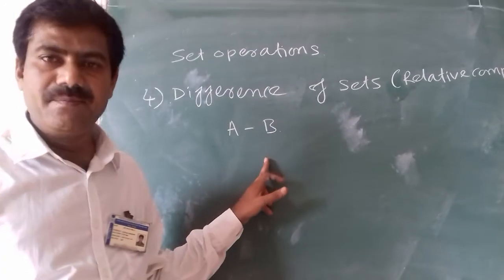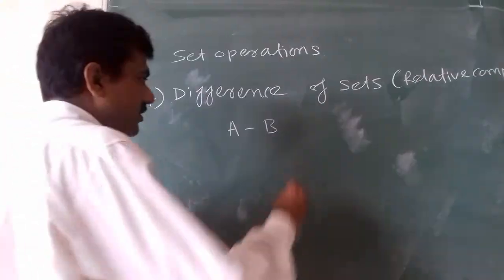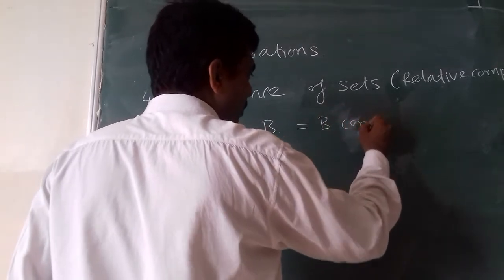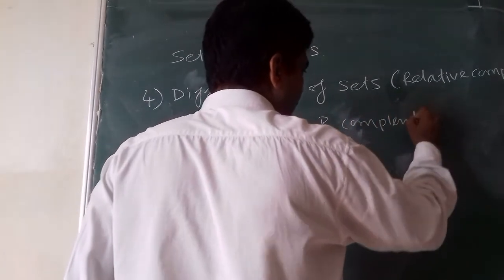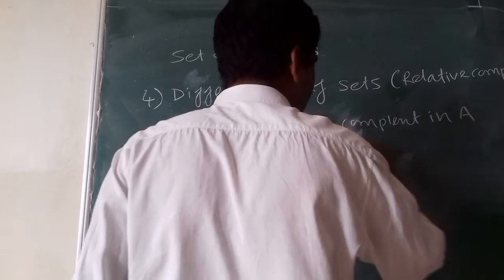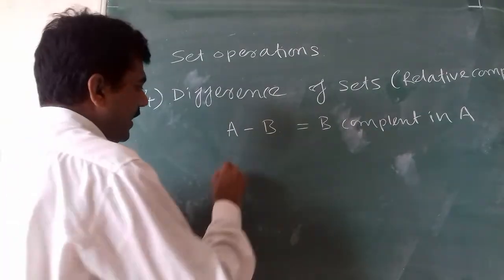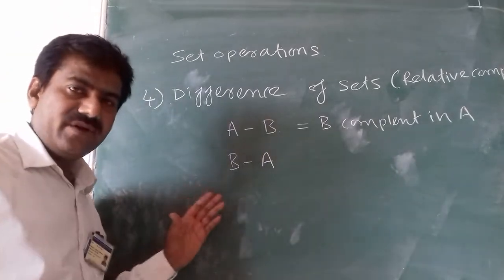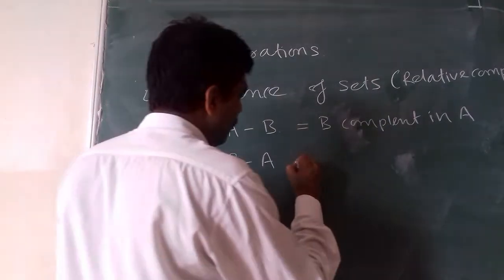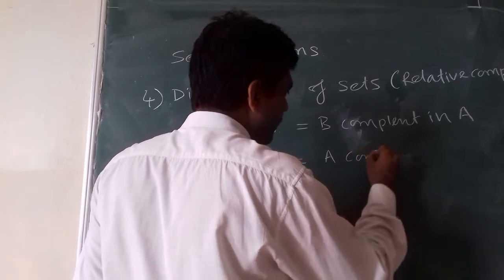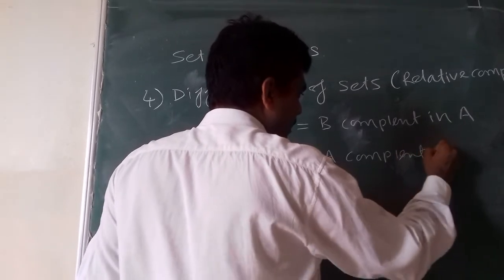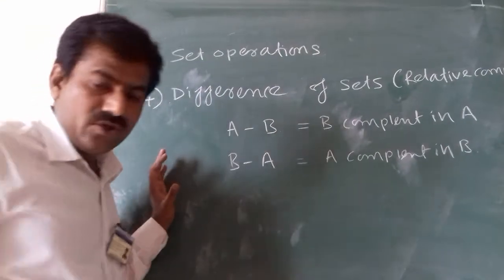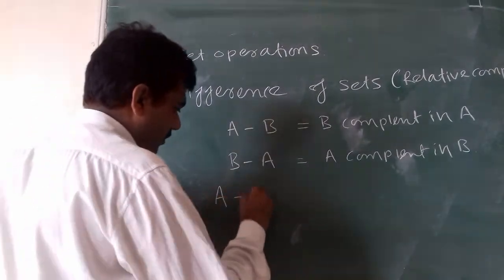A minus B is what? This is the B complement in A, that is, the relative B complement in A. B minus A, that is the difference. B minus A is actually the A complement in capital B.